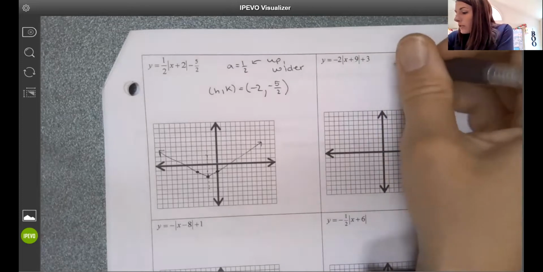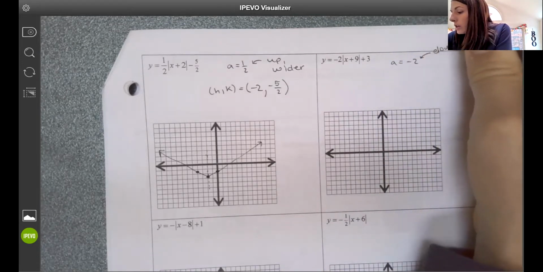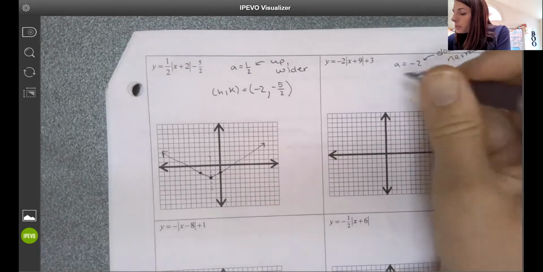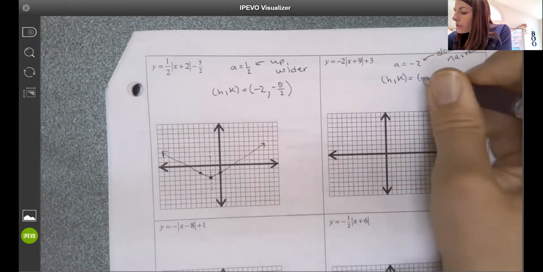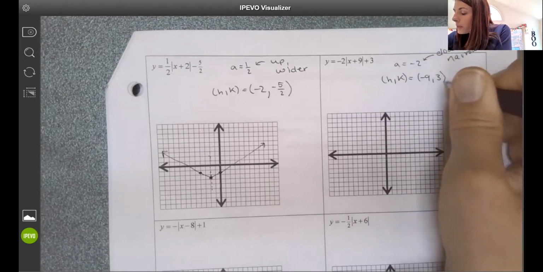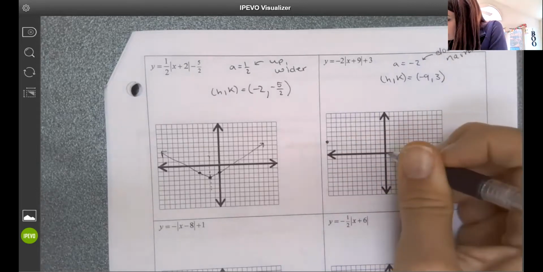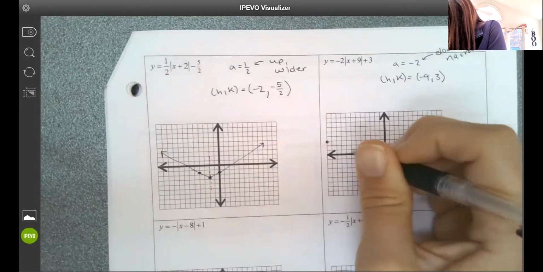On our next graph, A is -2, negative, so I know it opens down. I also know that this will be more narrow because it's greater than 1. My vertex, opposite of H, so -9, 3. -9, 3. I think that goes to 9. 3, 3, 6. It does not go to 9.